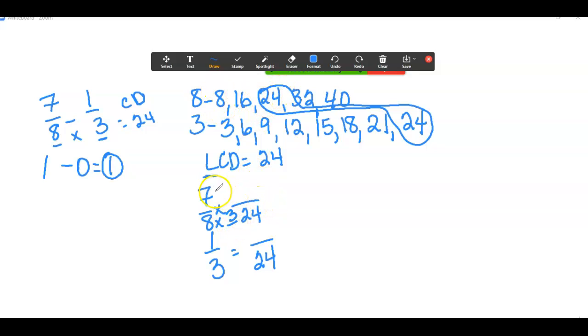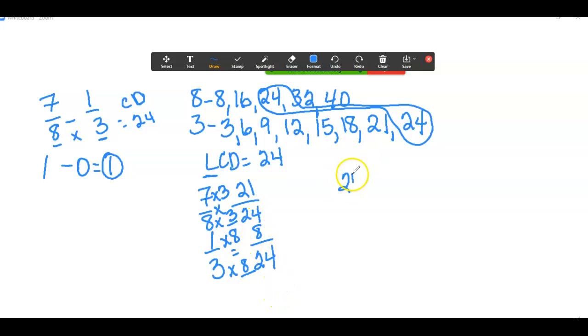What I do to the bottom, I do to the top. So 7 times 3 is 21. 3 times what is 24? Well, 1, 2, 3, 4, 5, 6, 7, 8. 3 times 8 is 24. What I do to the bottom, I do to the top. 1 times 8 is 8.